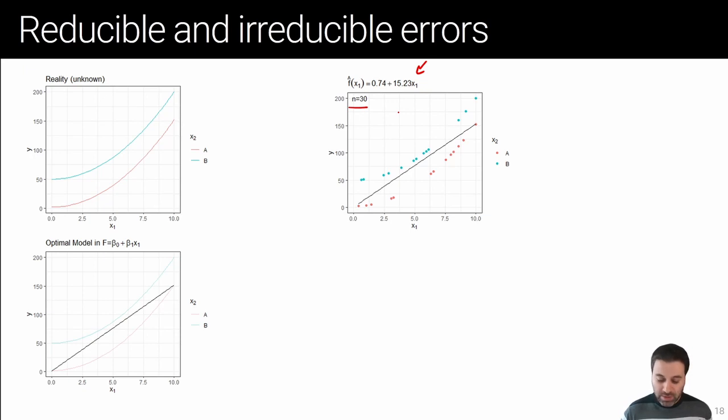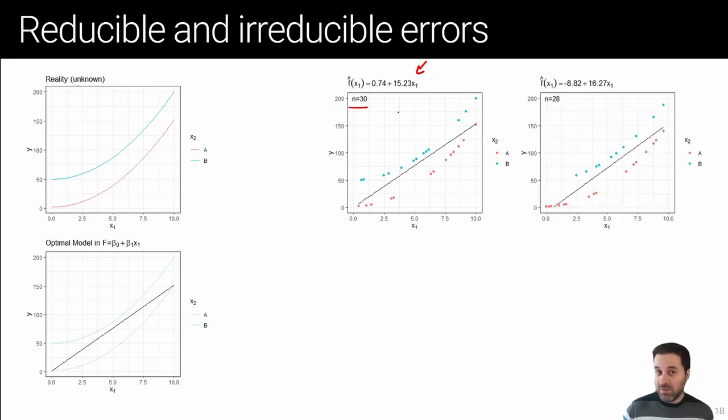Okay, fair enough. Let's say we replicate our study and we have a different 28 observations. They look something like this. Then, of course, the model is just a little bit different, right? So we have negative 8.82 plus 16.27 times x1. It's quite different if you think about it. Just look at the difference between the first coefficients.